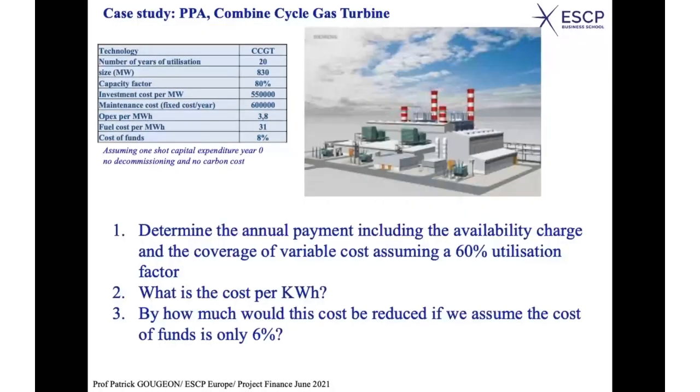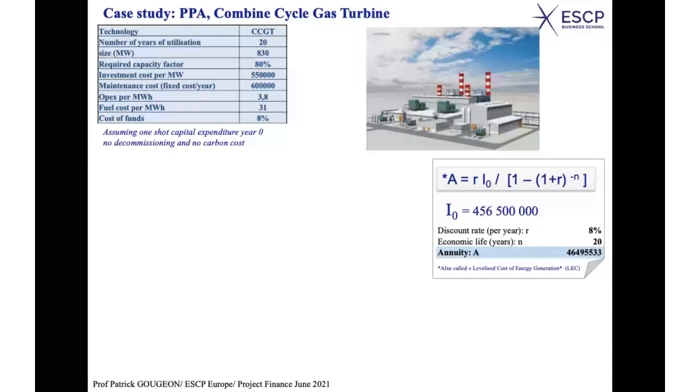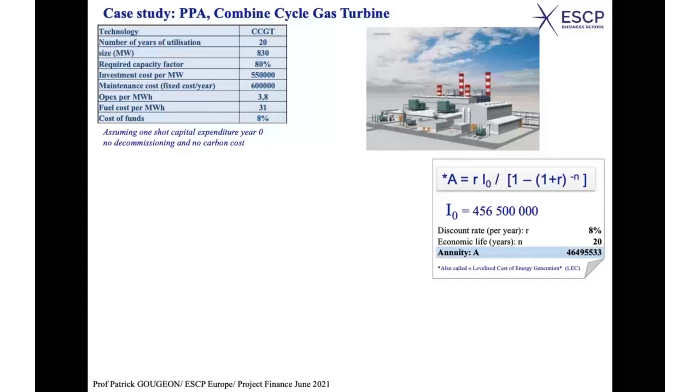It would include essentially fixed cost. So if you look at the fixed cost, you have to pay for the debt service and the remuneration of the investors. When I say the investors, I mean the lenders as well as the equity holders. The cost of funds, considering all the investors, is 8%.